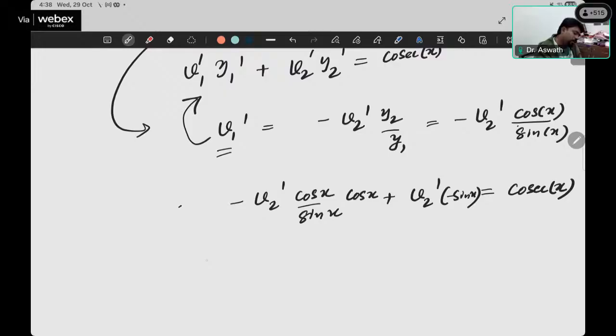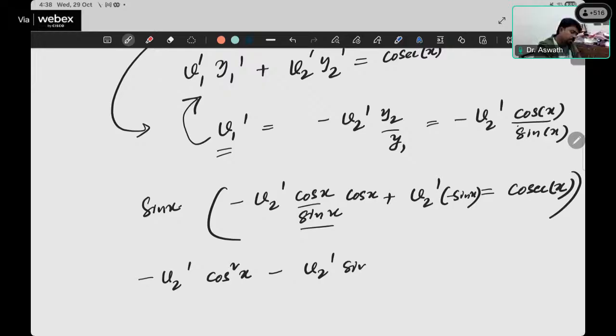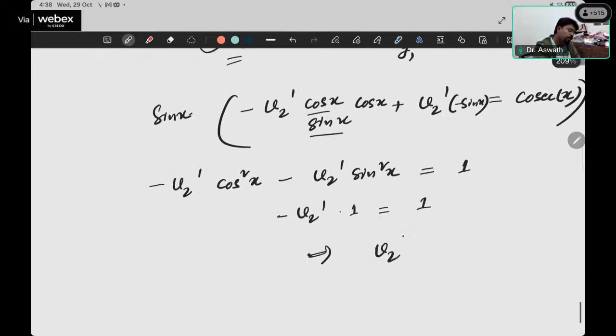Now if you carefully write this down, this is 1 over sin and this is sin, so multiply the entire equation by sin x. What you will get is minus v2 prime cos square x minus v2 prime sin square x is equal to 1. Taking minus v2 prime common, sin square x plus cos square x is equal to 1, which implies v2 prime is equal to minus 1.